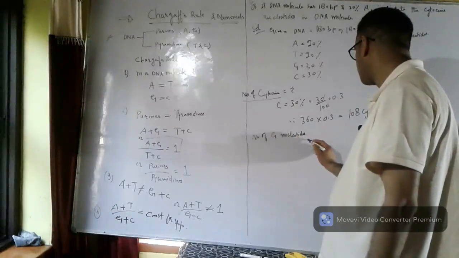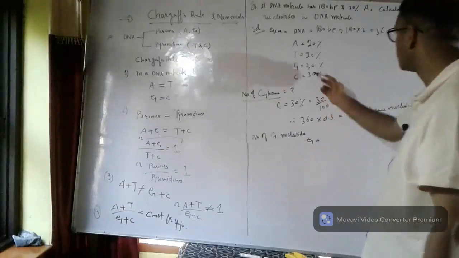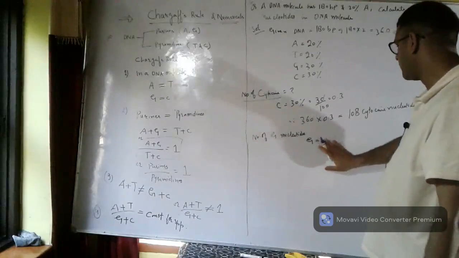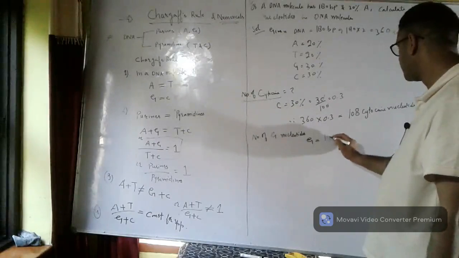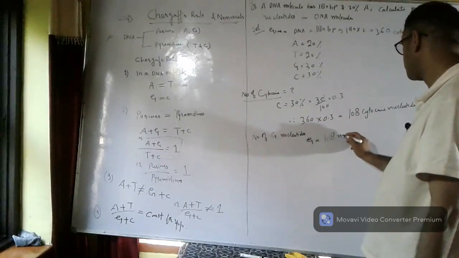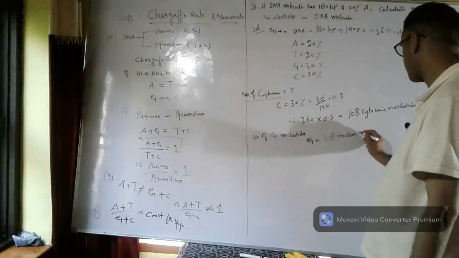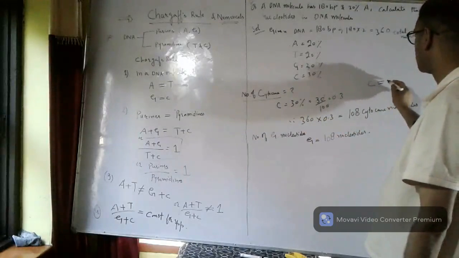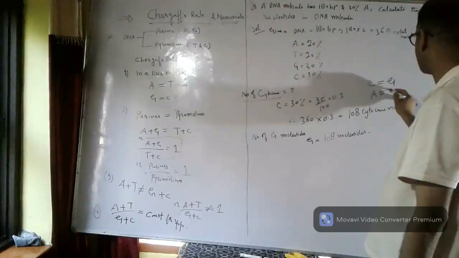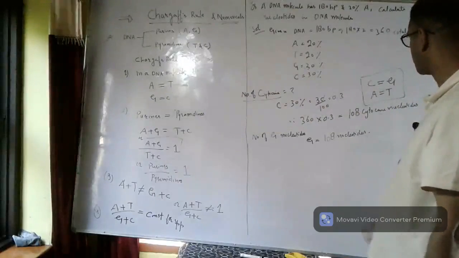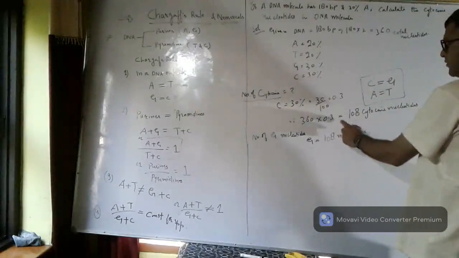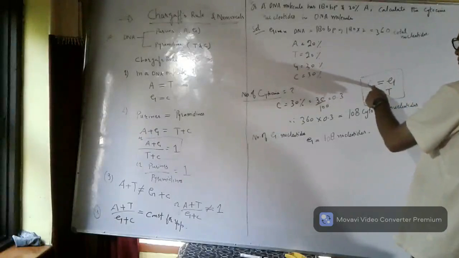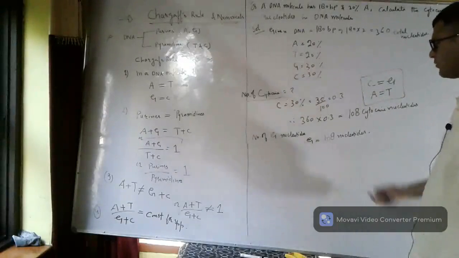Guanine is equal to 30%, so guanine is equal to 108 nucleotides, because cytosine always pairs with guanine and adenine always pairs with thymine. The amount of cytosine is always equal to the amount of guanine. If there are 108 cytosine, there would be 108 guanine nucleotides.